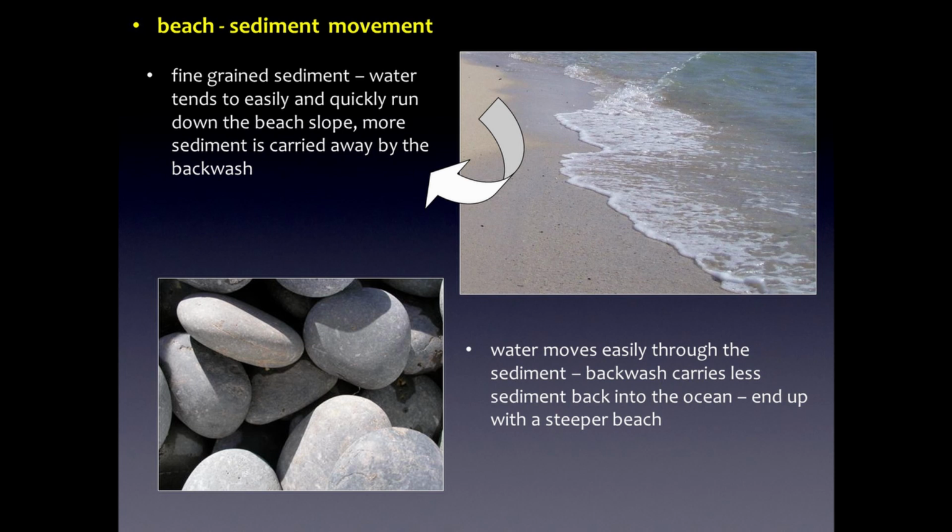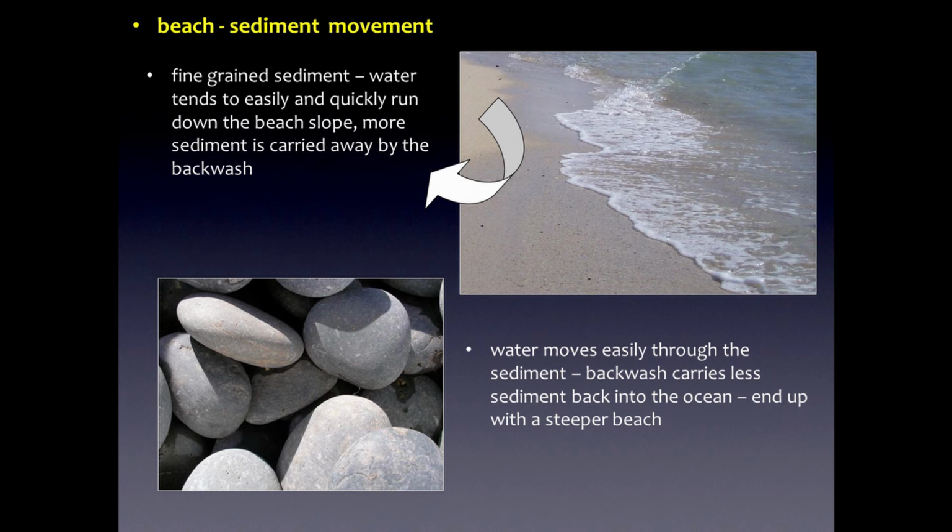If we have larger size sediments on the beach, then some of that water is going to make it much easier down into the rock or the sediment that makes up the beach. If we have a lot of water returning into the ocean as a result of backwash, the potential to transport sediment off the beach is much greater.